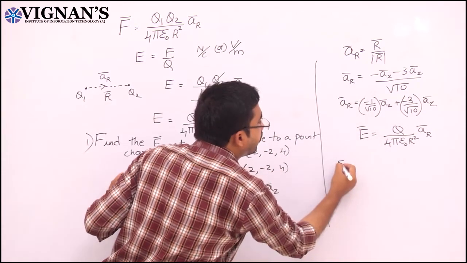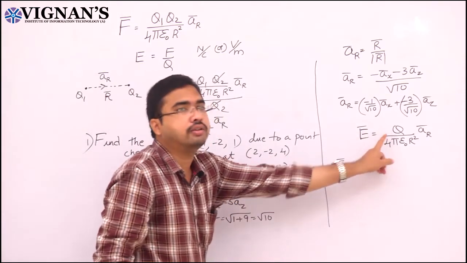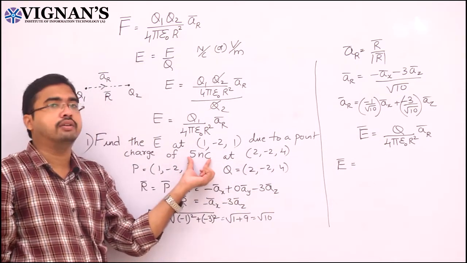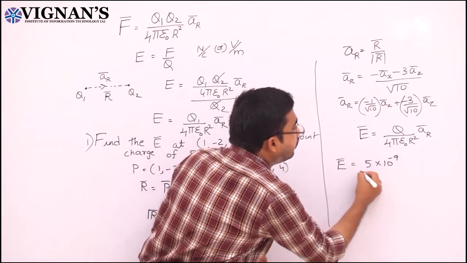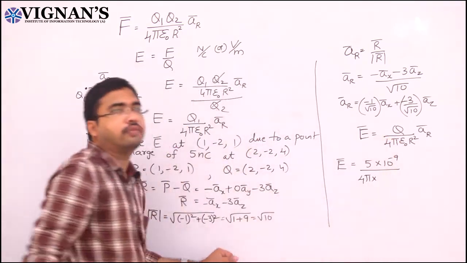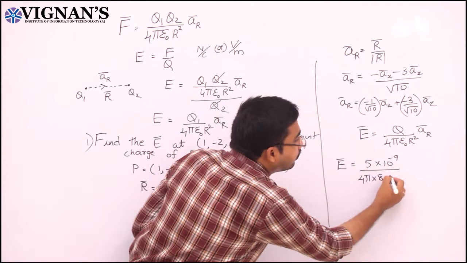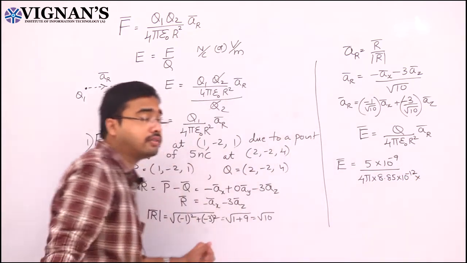This is the vector form of the electric field intensity. So what is the Q value? The charge Q is given as 5 nanocoulombs. That means 5 into 10 power minus 9 divided by 4 pi into epsilon naught, which we already know is 8.85 into 10 power minus 12, the permittivity of free space.